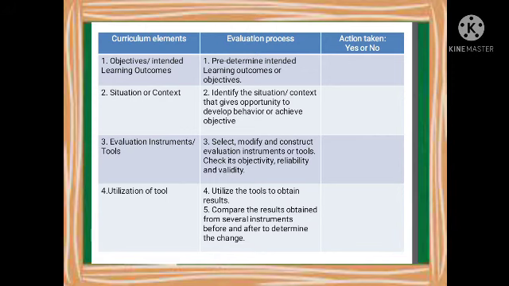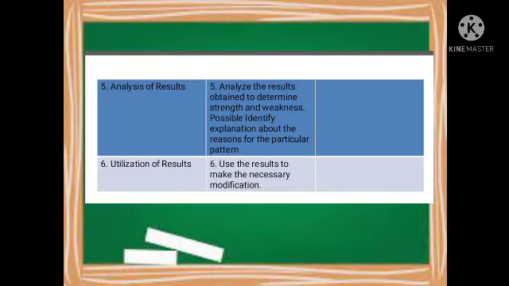Number 5, compare the results obtained from several instruments before and after to determine the change. Number 6, analysis of results. Analyze the results obtained to determine strengths and weaknesses. Possibly identify explanations for the reasons behind the particular pattern. And last is utilization of results.